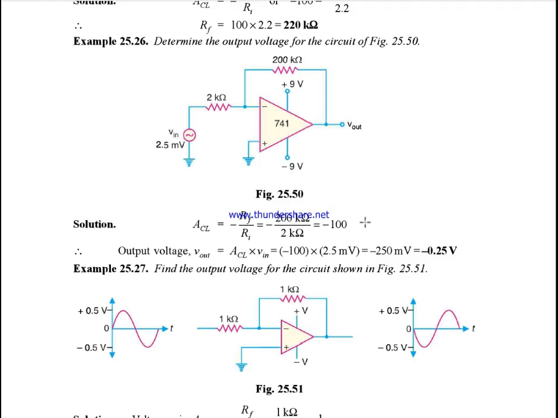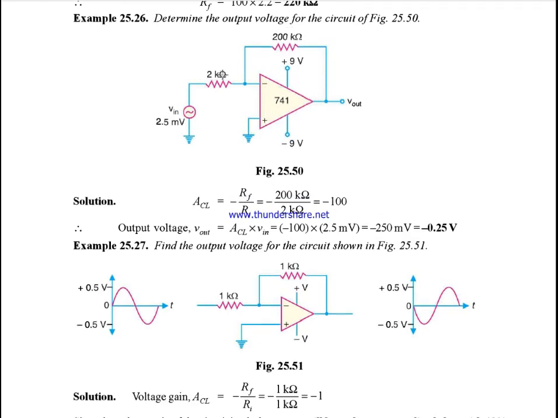So from this picture, 200k by 2k, we will get the value as minus 100. And the question is to determine the output voltage. So the equation for gain is equal to output voltage by input voltage. So output voltage will be gain into input voltage. Here input voltage is 2.5 millivolt. So applying, we will get the output.